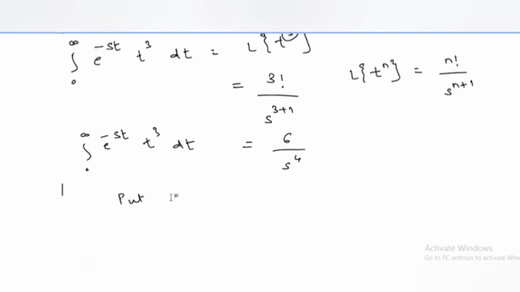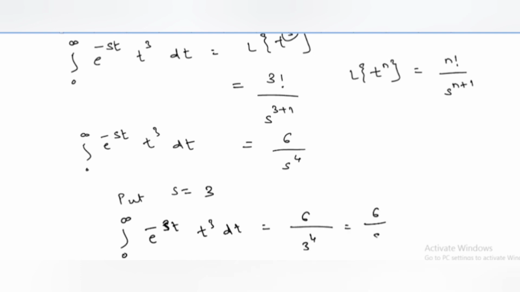So we put s is equal to 3. Integration from 0 to infinity e raised to minus 3t t raised to 3 dt is equal to 6 upon 3 raised to 4. 3 raised to 4 is 81.